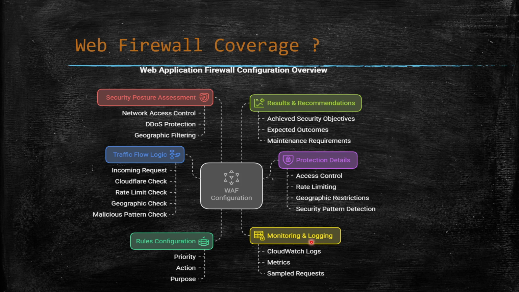One key feature for troubleshooting and understanding what sort of traffic I'm getting and how many bad actors are coming is monitoring and logging, which is very important. Anything that comes to your web firewall, it is the heart and soul, the entry point of your website or application. So monitoring and logging is a very important component of the web firewall.